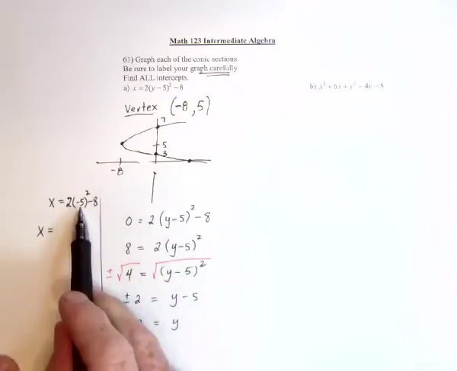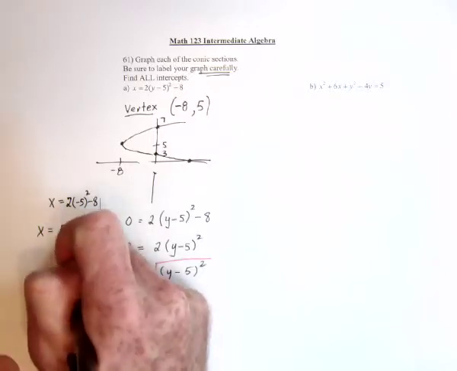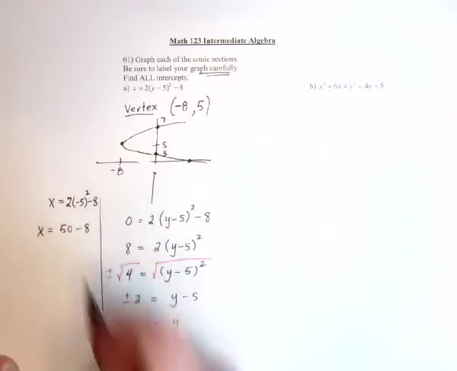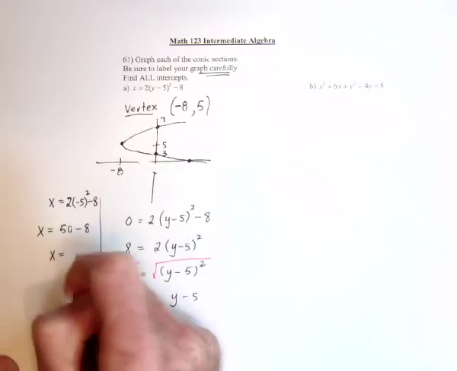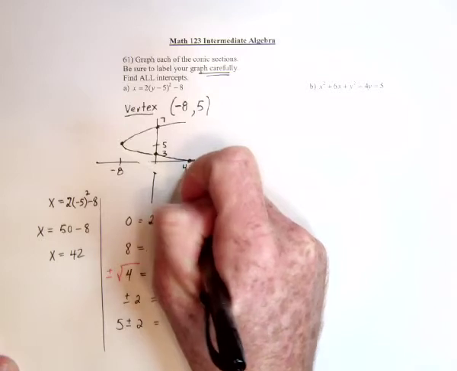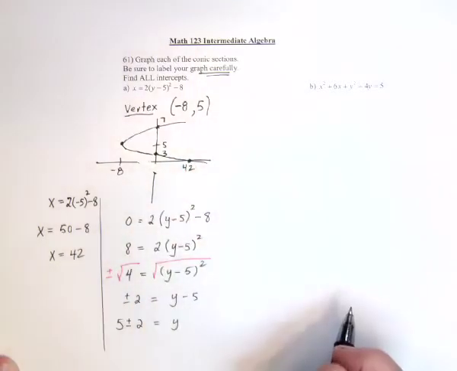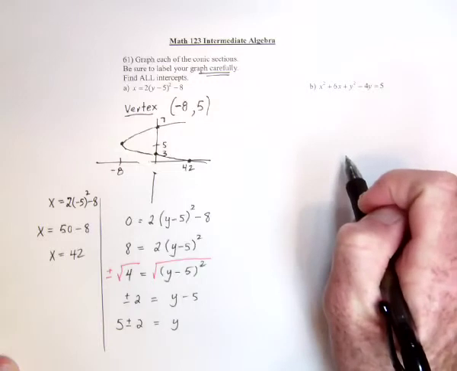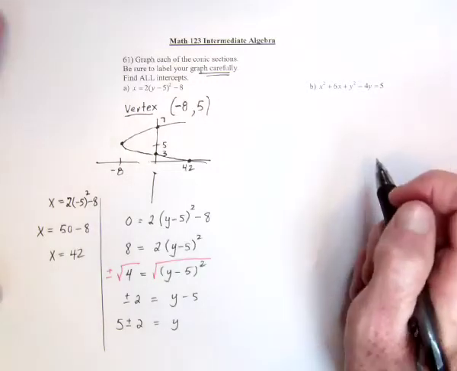So this is going to be 25. Once you square it, it becomes a positive 25. Times 2 is 50. So we have x is 50 minus 8 is 42. So it's labeled correctly, not drawn to scale, because of course 42 would be much farther to the right. It would be like over here in the middle of this problem. Okay, so that one's done.